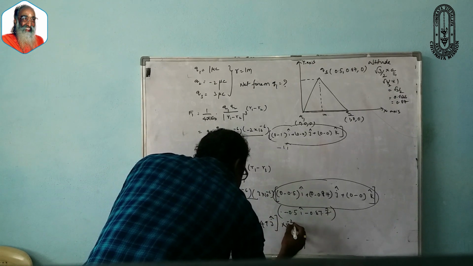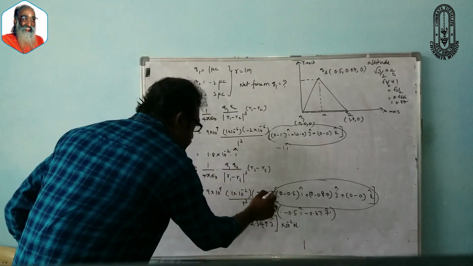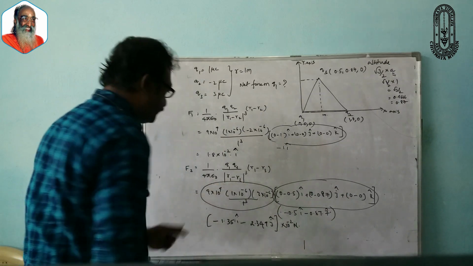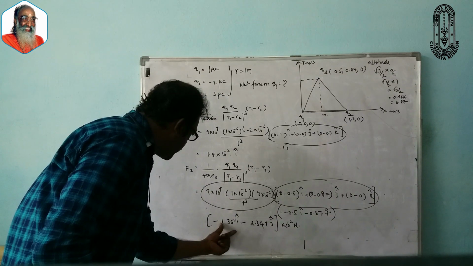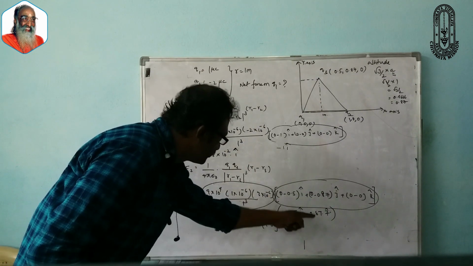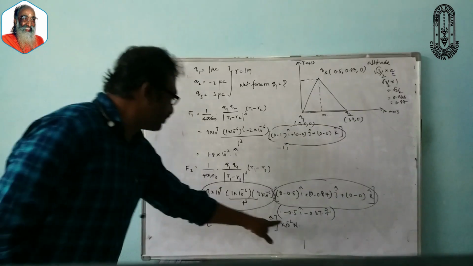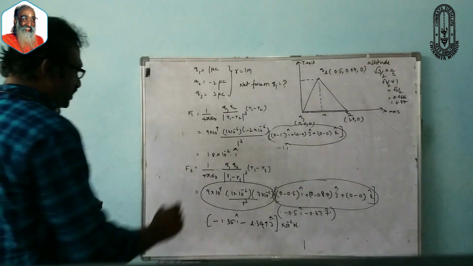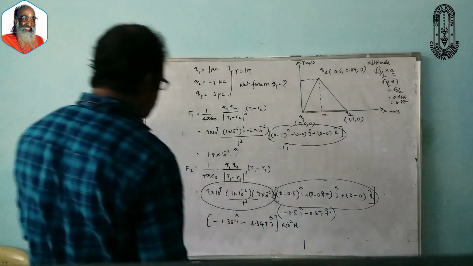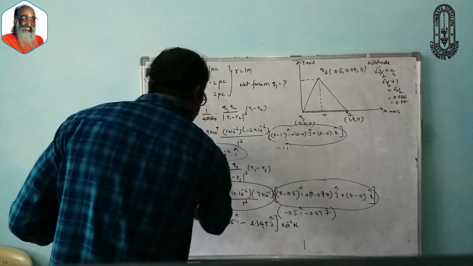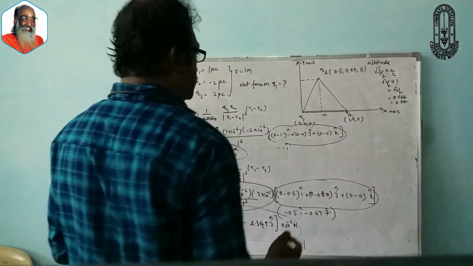Means by just calculating this, we get a value, and if you multiply that value with this 0.5, we get minus 1.35 I cap, and multiplying with this we get 2.349 J cap, and this 10 power minus 2 Newton. So this is your F1, and this is your F2. What is the resultant here? F is equal to F1 plus F2.